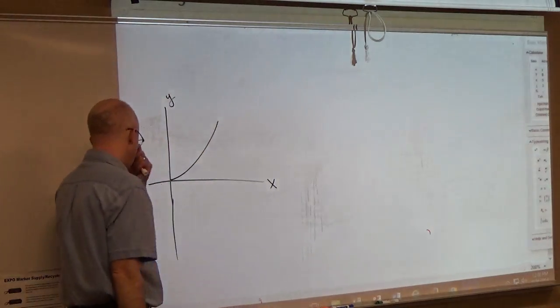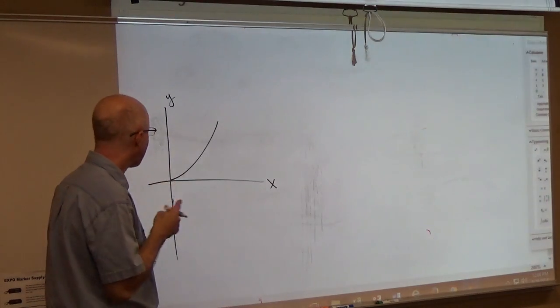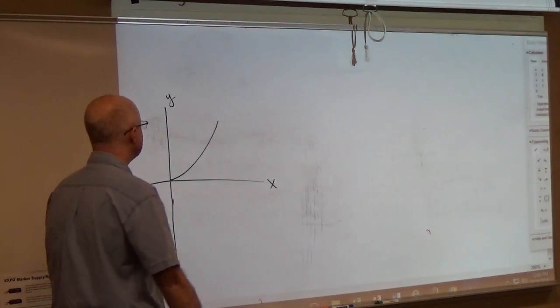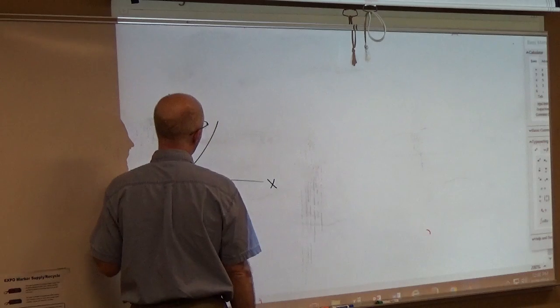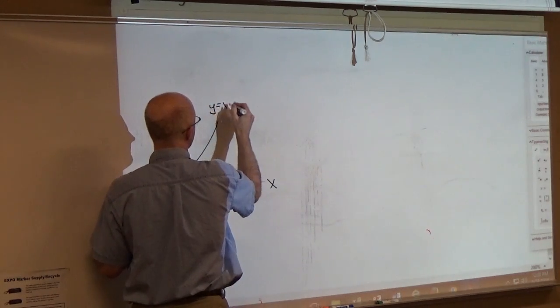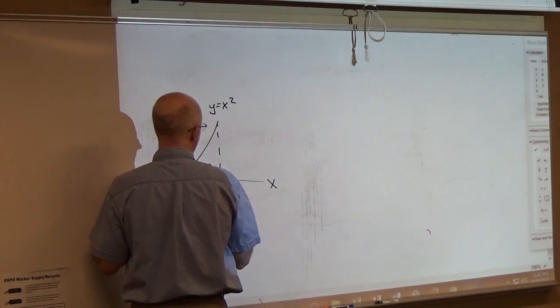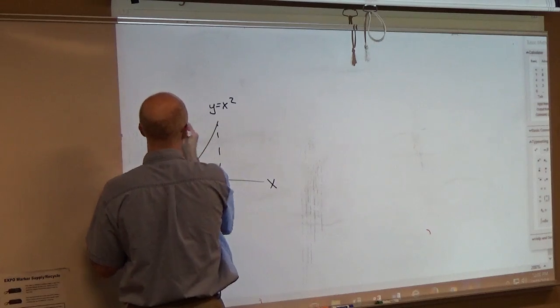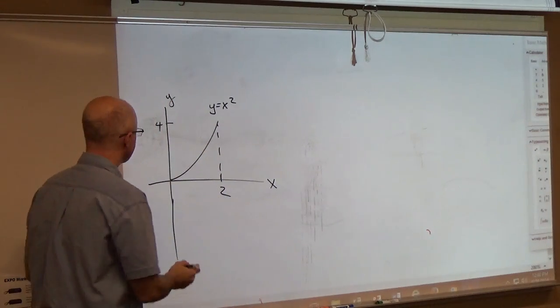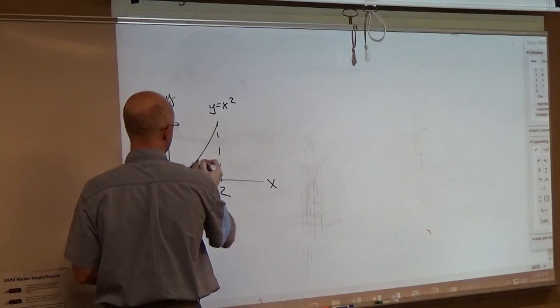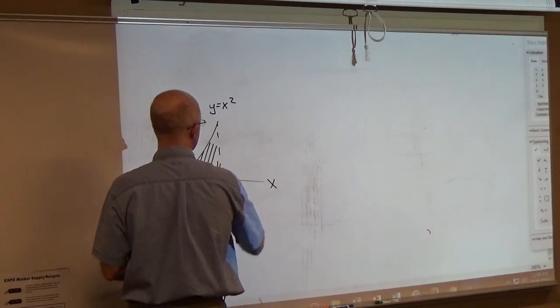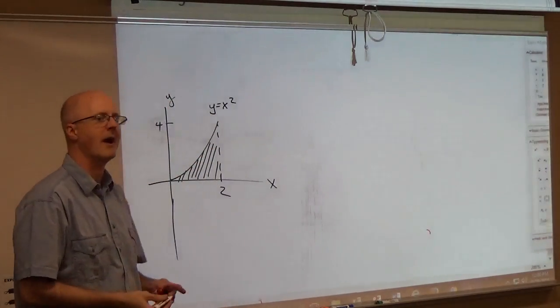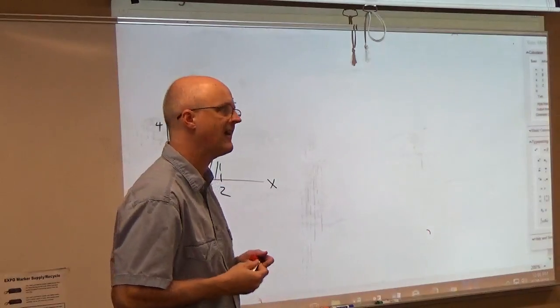Let's say our region that we're going to rotate around the x-axis is the region under the graph of y equals x squared, x going from 0 to 2. This region right here is the region that we rotate around the x-axis to create a solid.